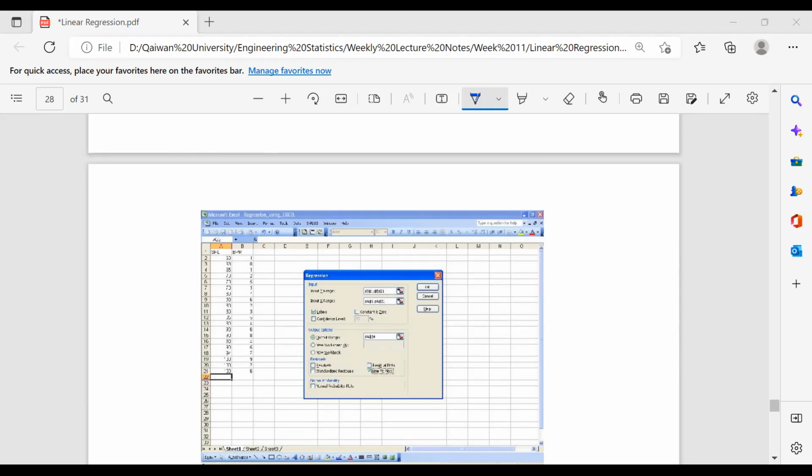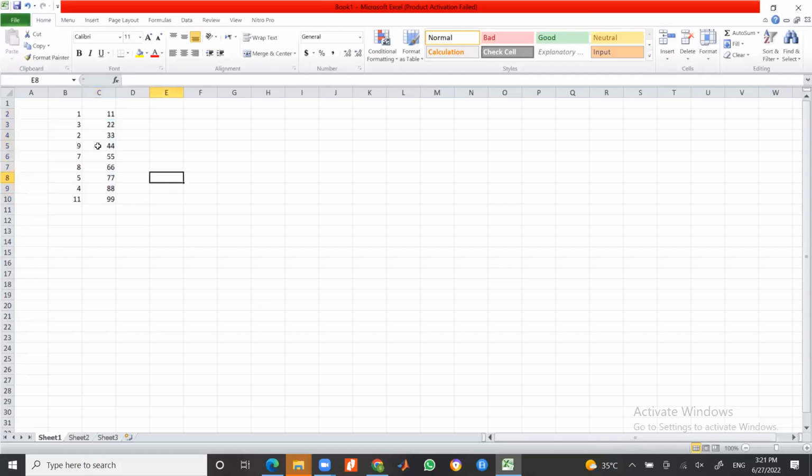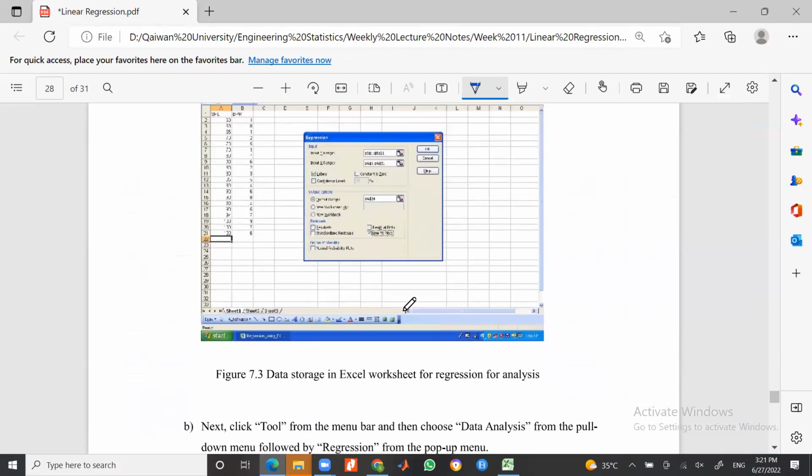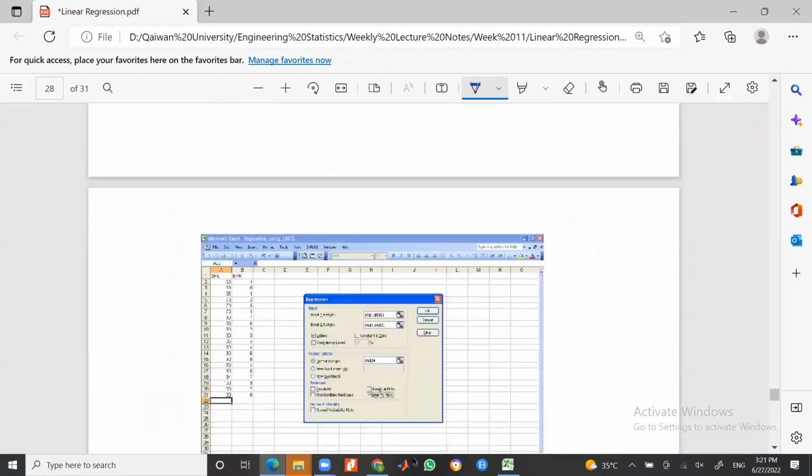Let me share the screen here. Okay. If you have these data for X and Y, and if you want to test it, what do we do?